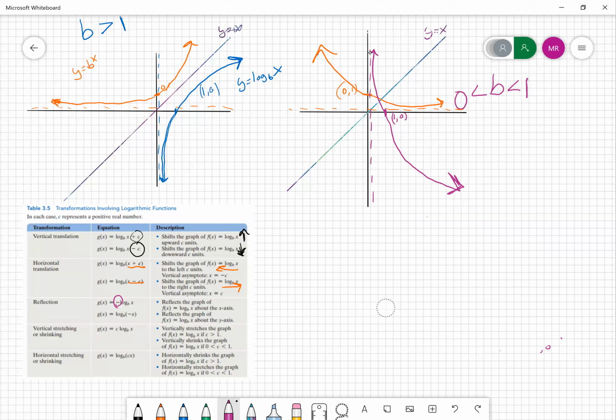And we're going to do a reflection about the y-axis. So we've got our parent function here, hits at (1, 0), goes up. Now let's look at log base smiley face, because it doesn't matter what the base is, of minus x.